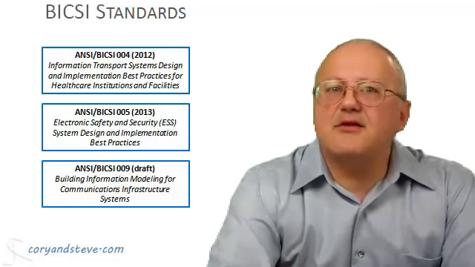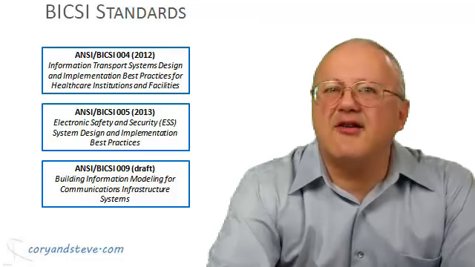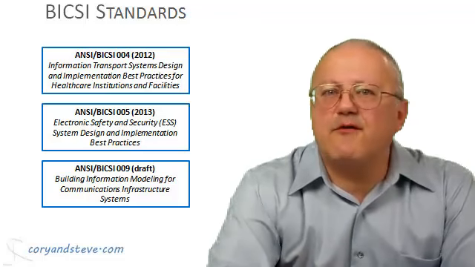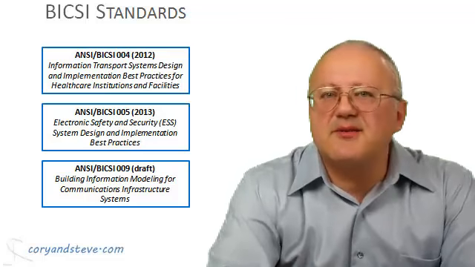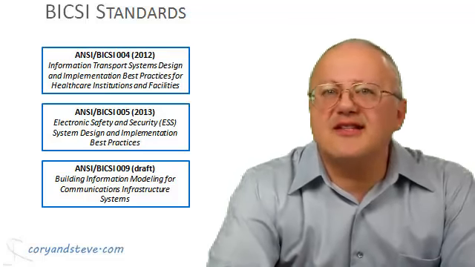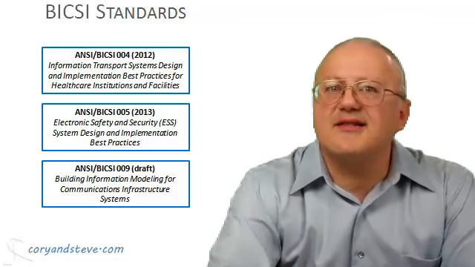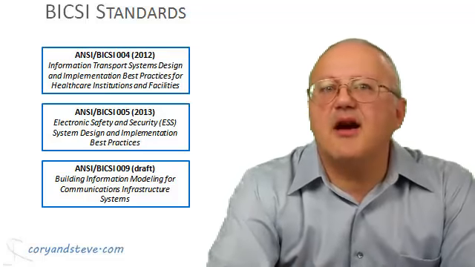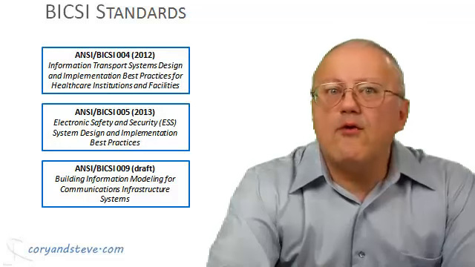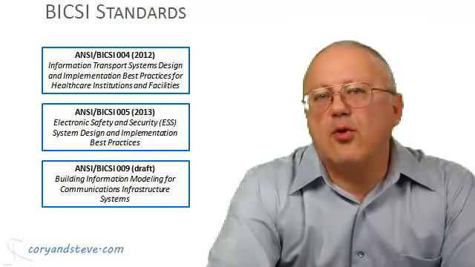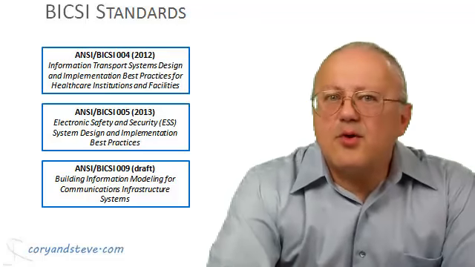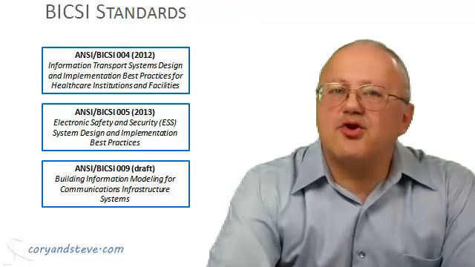However, TIA tends to focus more on technical criteria for component and system performance, while BICSI's focus leans towards guidelines and best practices to ensure a successful deployment of the components and systems defined by the TIA. There are a few overlaps here and there, but you really need both sets of documents to get the whole picture. And in case you were wondering, no, I don't get a commission from either one.